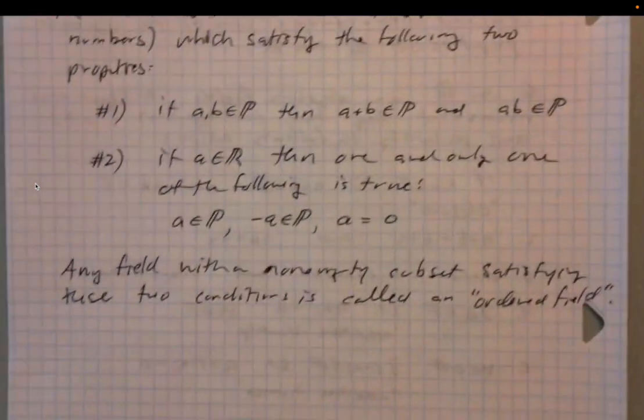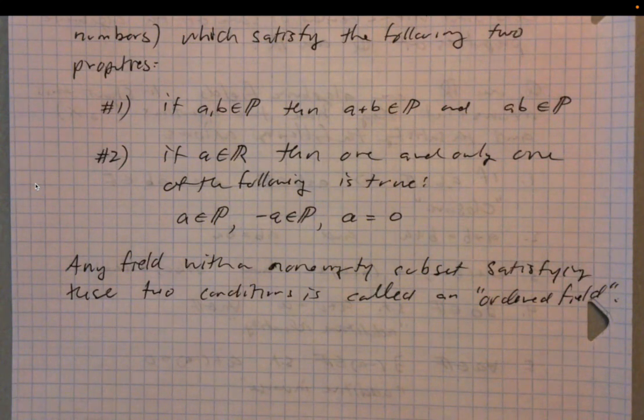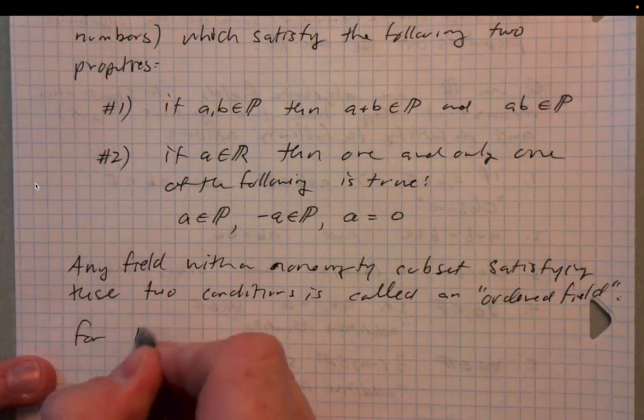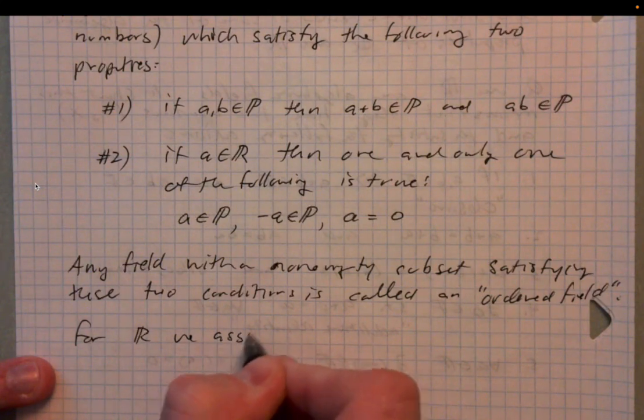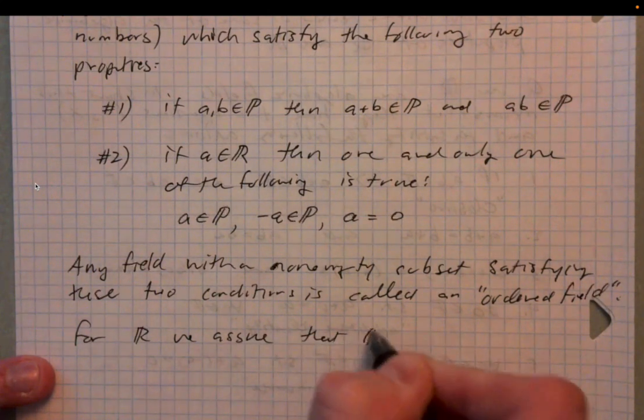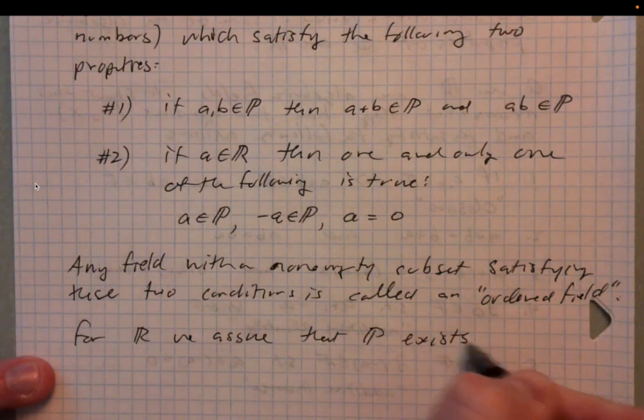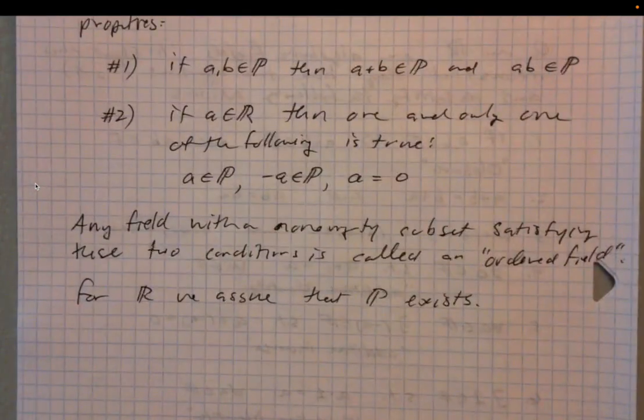Okay, it's called an ordered field. Now, for the real numbers, we assume the existence of P. Okay, so for R, we assume the existence of P.